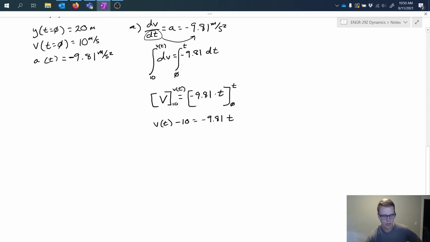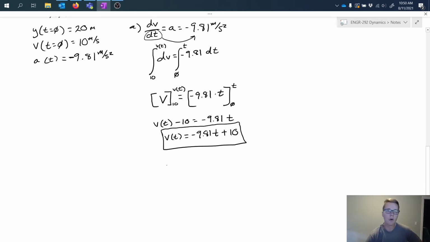All right, so I have this expression. For simplicity, I'm going to move the 10 over, so I end up with v(t) equals negative 9.81 t plus 10. Now this looks like a nice expression for velocity in terms of time, and that's what we were aiming for.